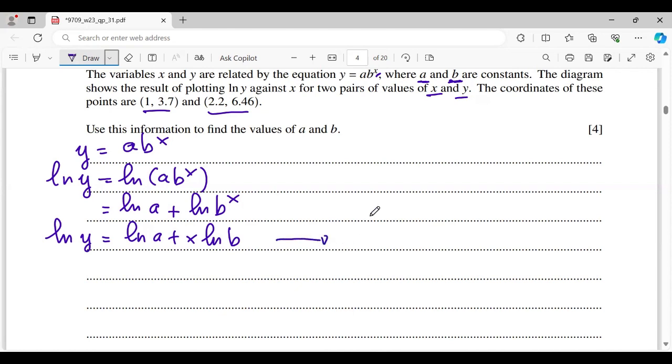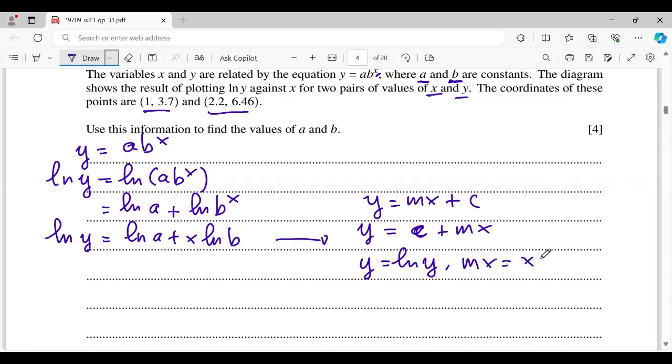Based on the straight line equation y equals mx plus c, y equals ln y, mx equals x ln b, and c equals ln a.